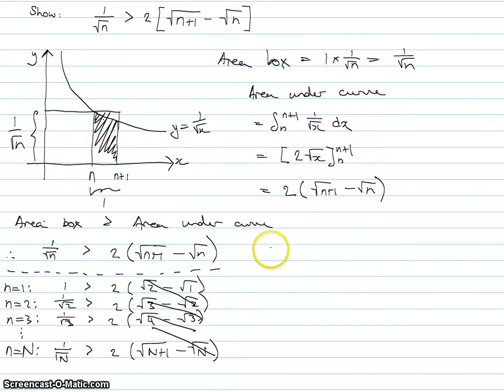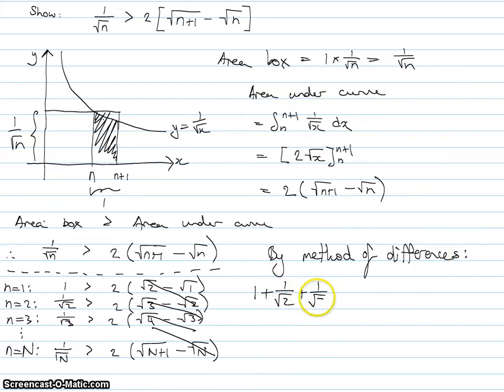So therefore, by method of differences, what do I get? I get 1 plus 1 over root 2 plus 1 over root 3 plus all the way up to 1 over root n is going to be bigger than 2 times square root n plus 1 minus 2, which is what I'm left with up here.